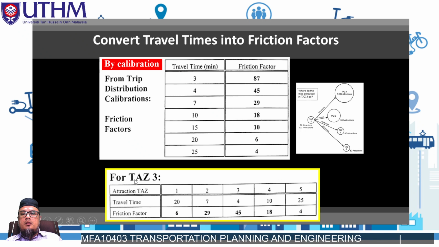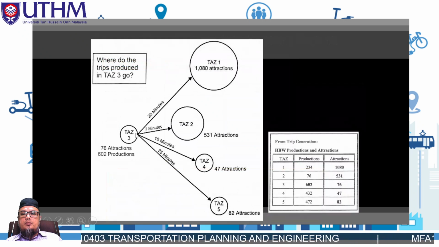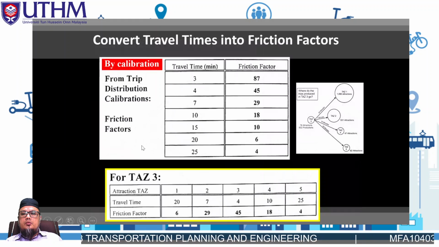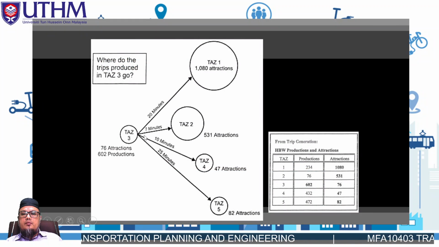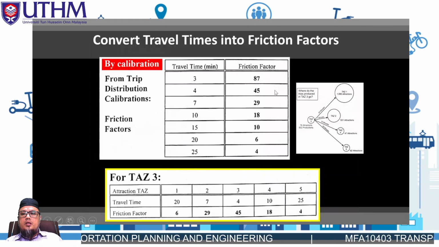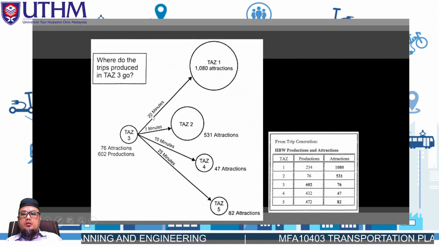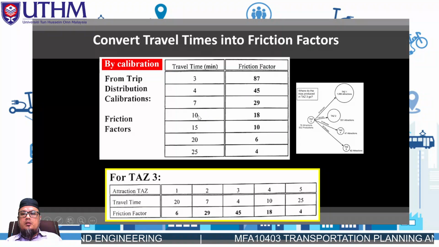Okay, in these particular problems, we have travel times for each individual zone. So now we can use this friction table, which is 20, 7, 10, and 35. So we have here 20, 7, 25.